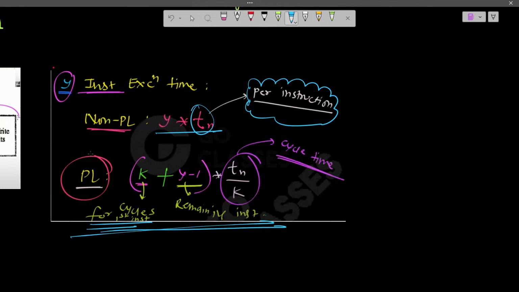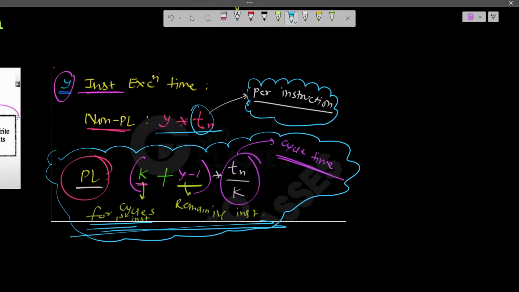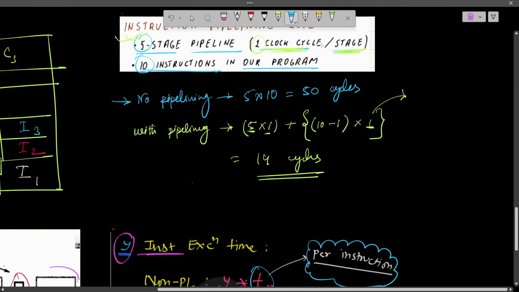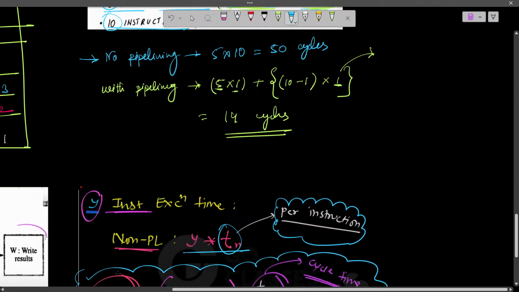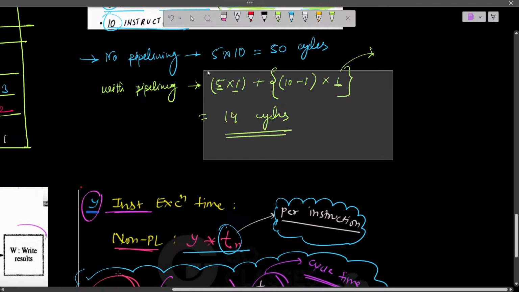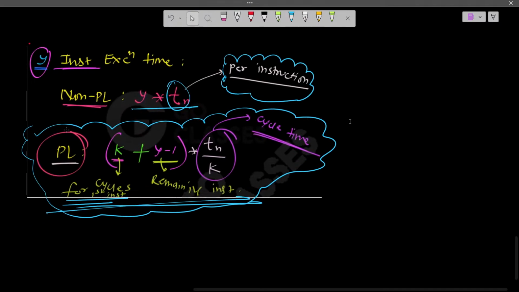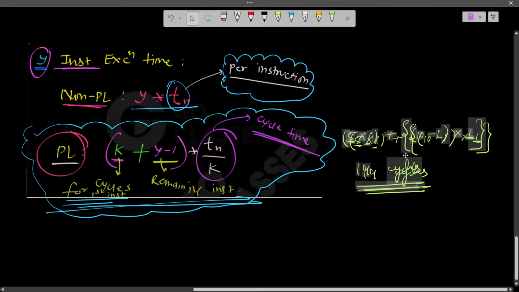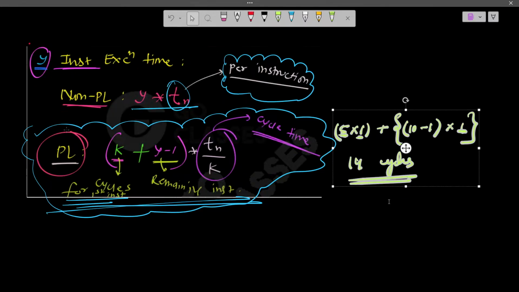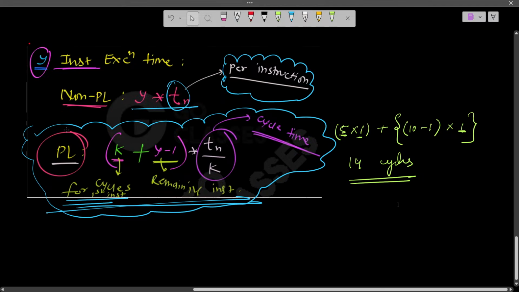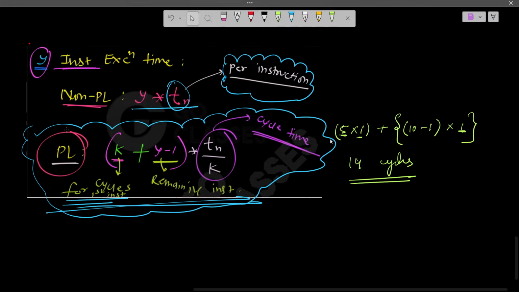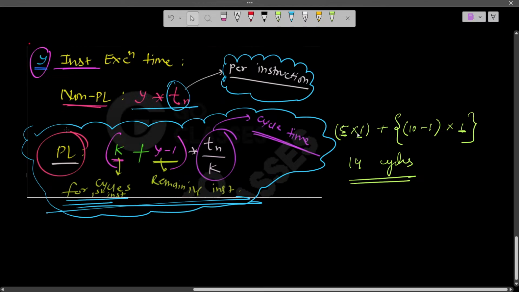Okay, how did that formula come? Just see that question, you guys can see side by side.